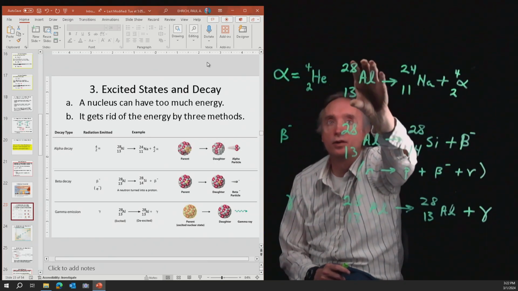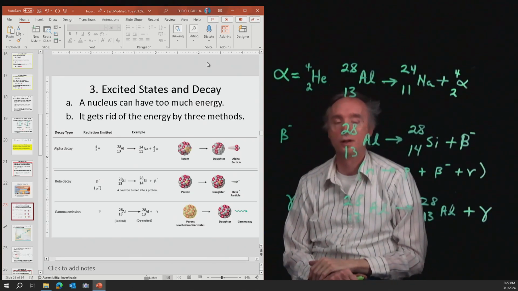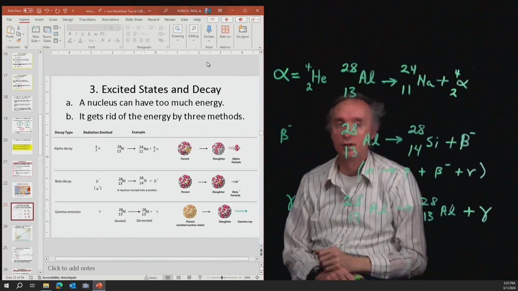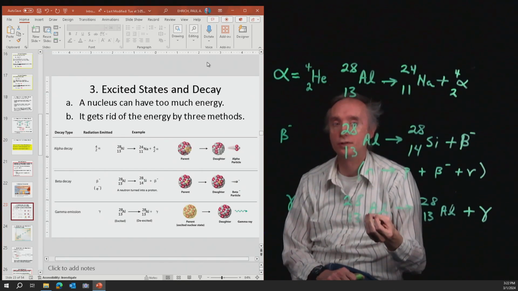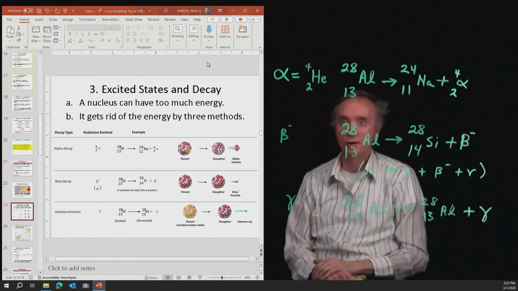Notice that aluminum changed into sodium when it emitted the alpha particle. So in an alpha particle reaction, the element changes from one element into another element.